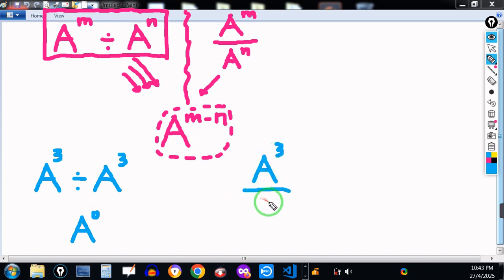Of course you will be tempted to use the m minus n formula up there, but don't do that. Instead, open your eyes and say we are not going to use this method. Yes, this is correct, but we are going to use the cancellation method, meaning I use another color. We are going to cancel straight away a to the power of 3. 1 over 1 is 1. Can you see that?